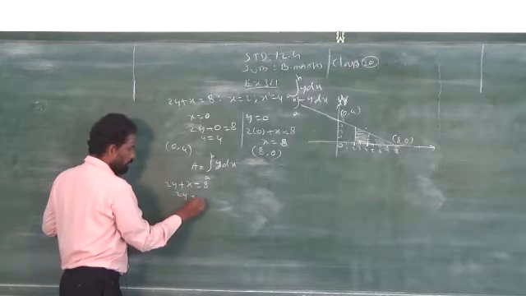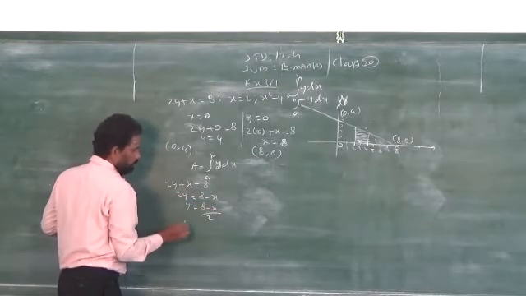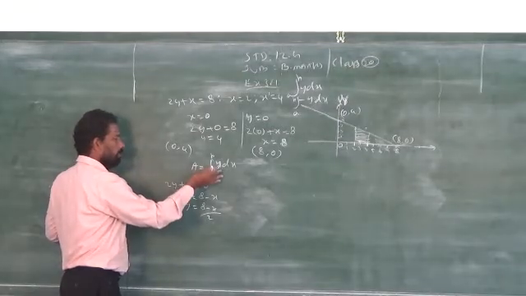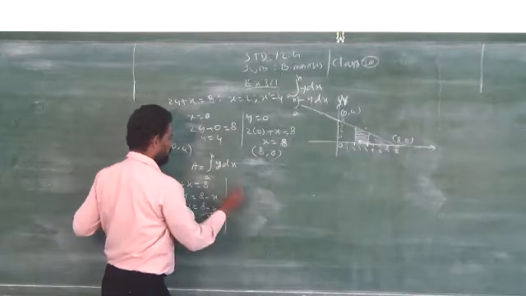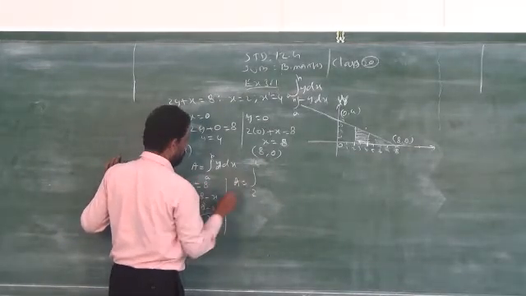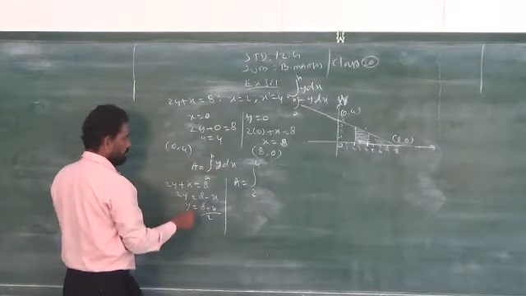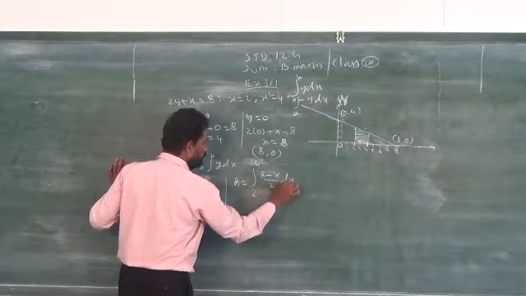So 2y is equal to 8 minus x, y is equal to (8 minus x) by 2. Because I need y, you find y from the given straight line. So I got y. Now you can substitute straight away. What is the limit given? 2 to 4. Y is replaced by (8 minus x) by 2 into dx.